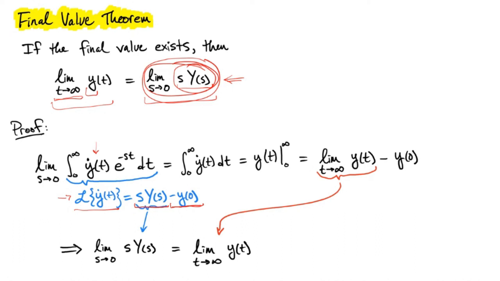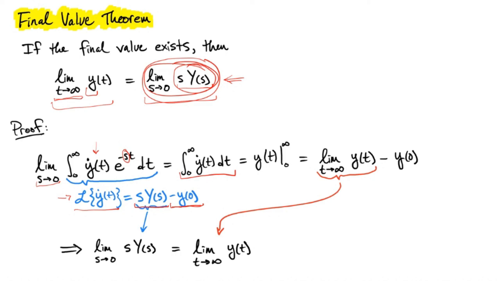And now we're going to take the limit as s goes to 0. That makes the exponent of this exponential go to 0, which means that the exponential approaches 1, because e to the 0 is 1. So once we apply this limit, that removes this exponential, it turns it into unity. And now we're left with just this integral, which is a function of time.